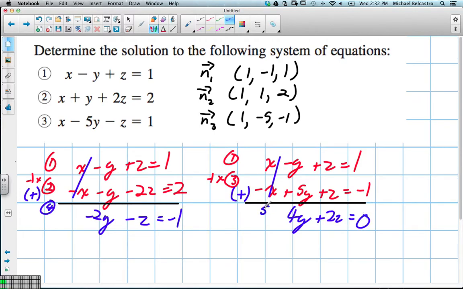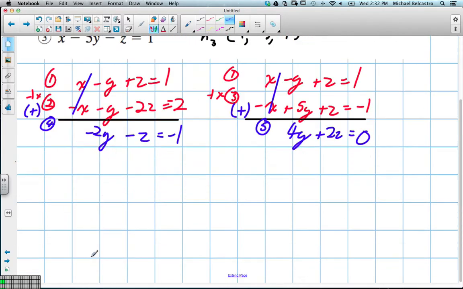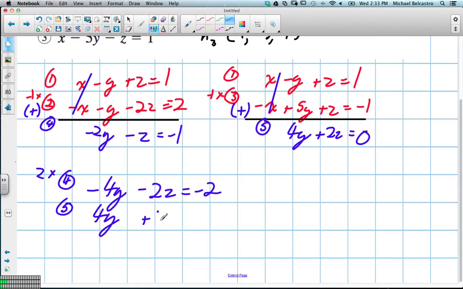So we have 4 and 5. What we're going to do next is stack 5 and 4 together to eliminate, let's say, the y variable. So I'm going to take equation 4 and multiply it by 2. So I get -4y minus 2z equals -2. And equation 5 is 4y plus 2z equals 0.